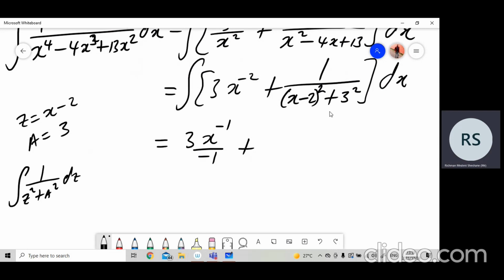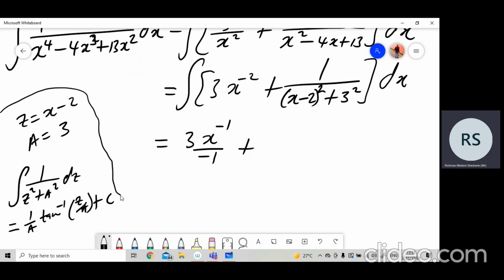After you choose z and a here, you're going to have 1 over z squared plus a squared, which is this formula. If you check this formula, it will be given to you. The standard integral of this is 1 over a tan inverse of z over a, and then plus c.